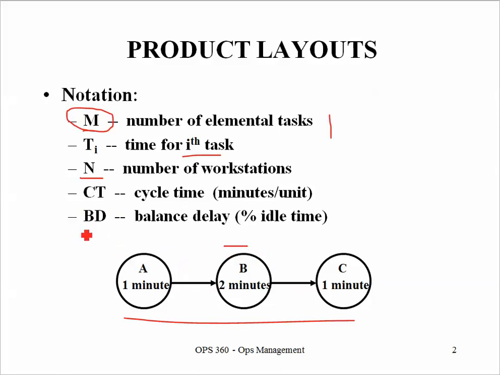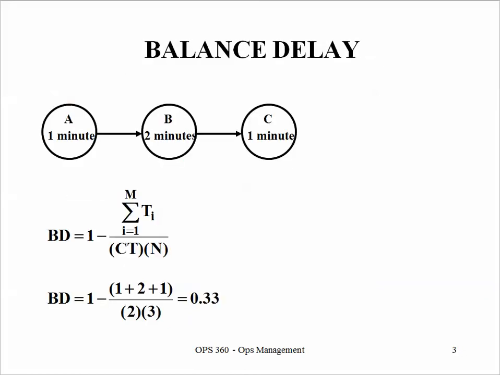And finally, what I want to do is find the balance delay, or the percentage idle time. For every unit that comes off the line, what fraction of that time is wasted and not being used to actually work on the product? We saw from my previous discussion that basically 2 out of 6 minutes is wasted. 2 out of 6, that's 33%. Well, is there a nice formula I can use to help me do that calculation? And the answer, of course, is yes. That formula defines the balance delay.